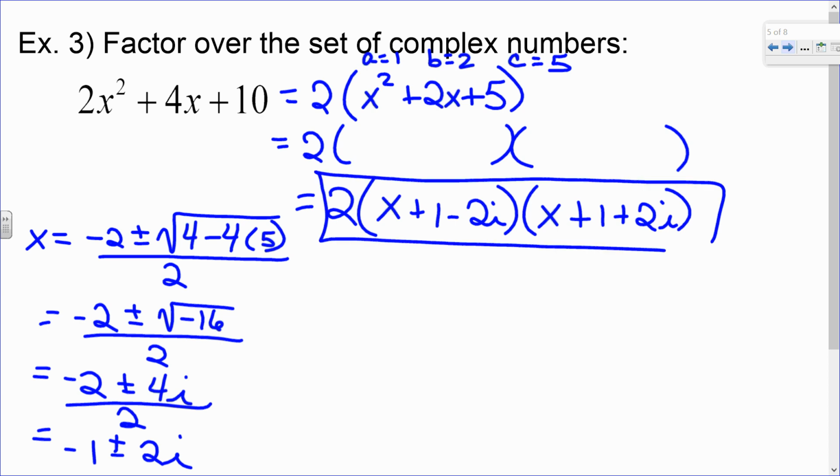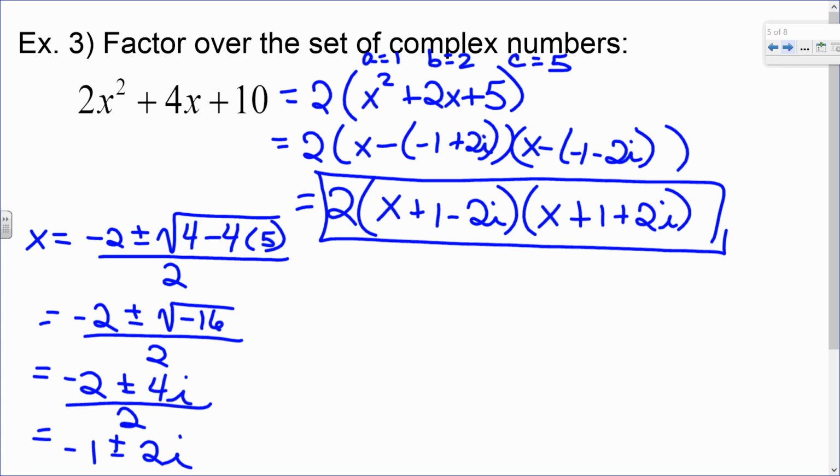And those would be my factors. If you think you're less likely to make mistakes, it's okay to write x minus the negative 1 plus 2i, x minus the negative 1 minus 2i, and then distribute those minus signs to get this. And that is the correct answer.